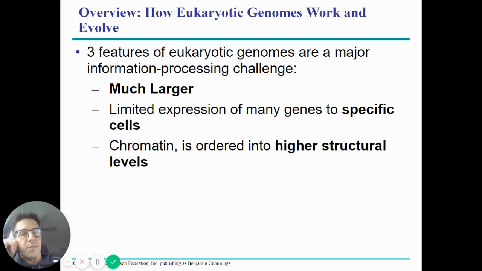There's limited expression of many of the genes in specific cells, right? So if you have an eyeball cell, only genes that code for eyeball stuff are going to be on, and that's not necessarily the case in bacteria. And unlike bacteria, our chromosomes, as it states there, our chromatin is highly ordered into higher structural levels.